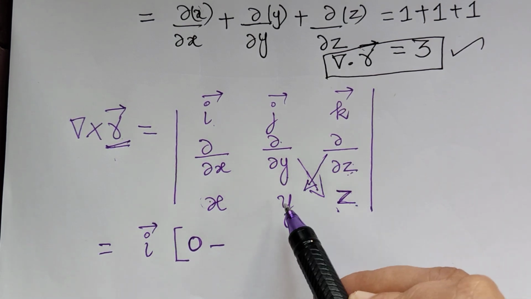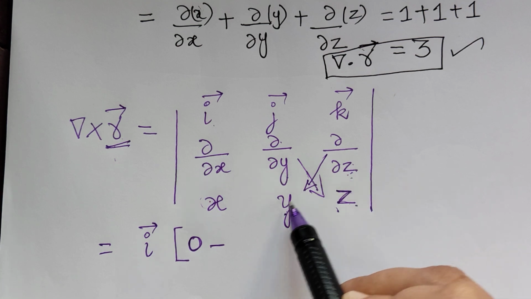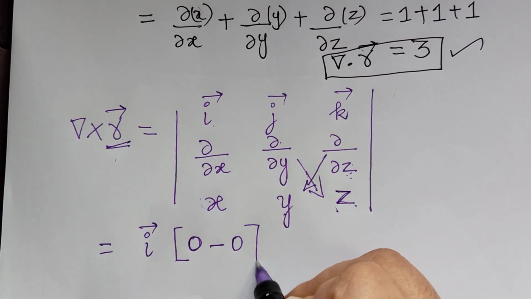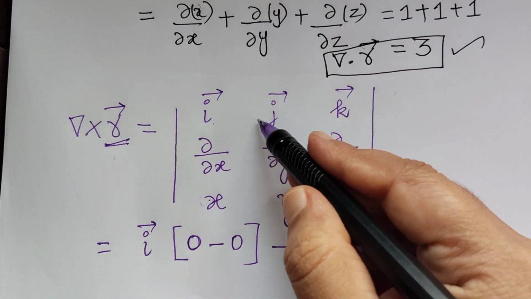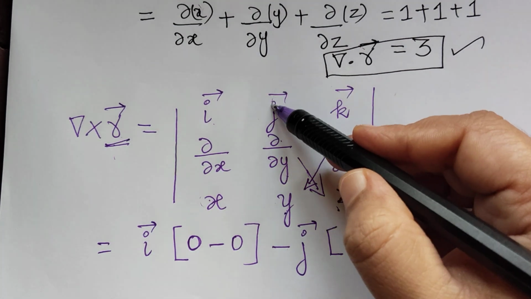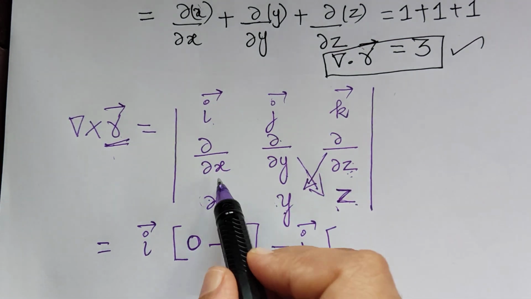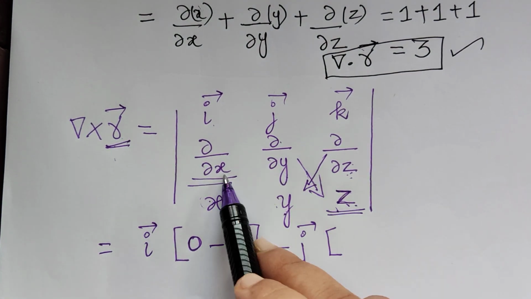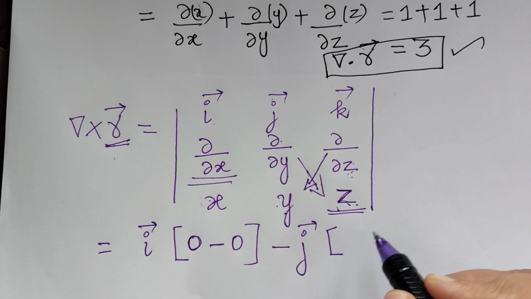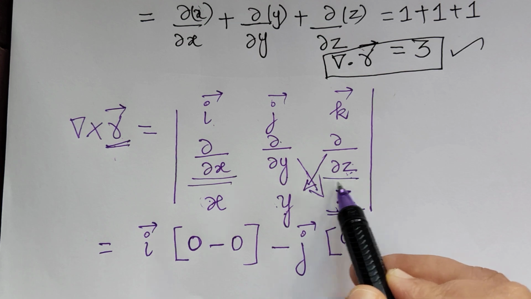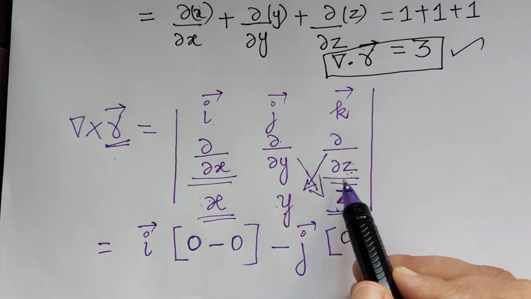Again, differentiation of y partially with respect to z, so y will become constant and therefore on differentiation it becomes 0. In a similar manner, we have negative of j vector multiplied with, so block this column and block this row, dou by dou x of z. Again, differentiation of z with respect to x partially will give us 0, minus differentiation of x partially with respect to z.